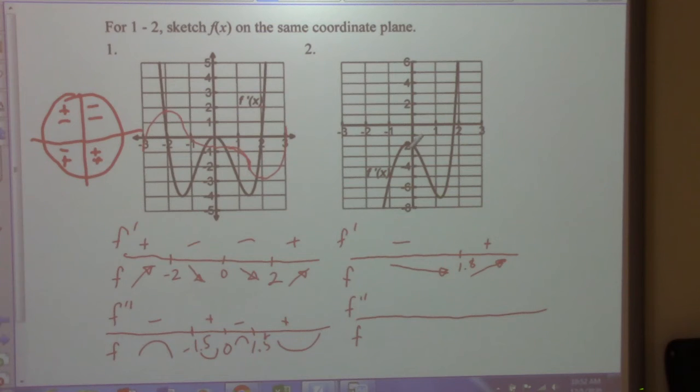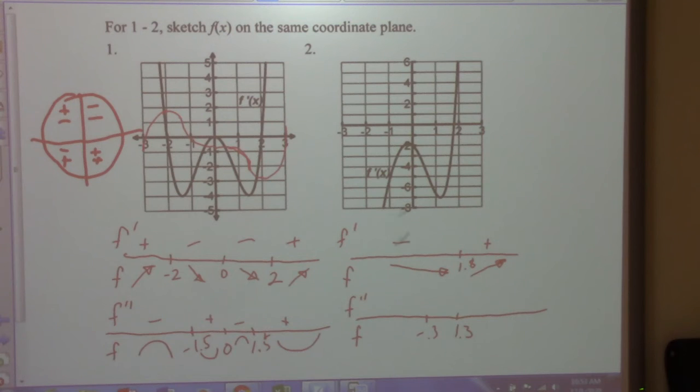And now the critical numbers here are maybe negative 0.3 or something like that. Yeah, negative 0.3. And then here, it looks like it's maybe 1.3 or something like that.